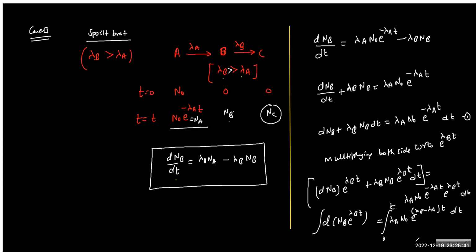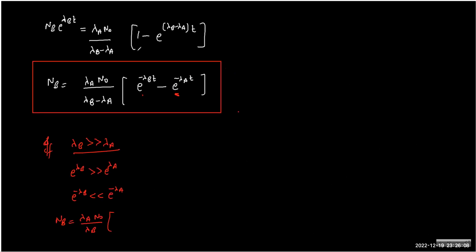Lambda b Nb equals lambda b dt. And then this is... Okay. So the mistake is, this is correct. If you recall, we should have written this term first, right? So you get this answer.